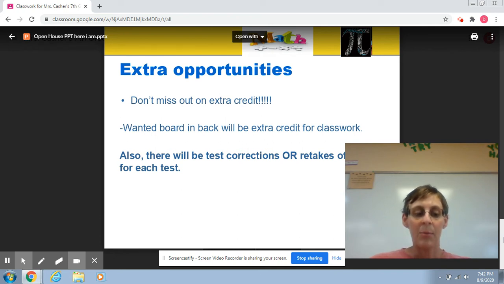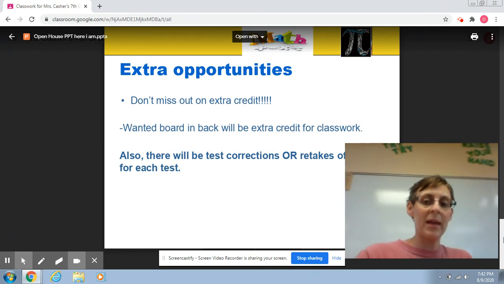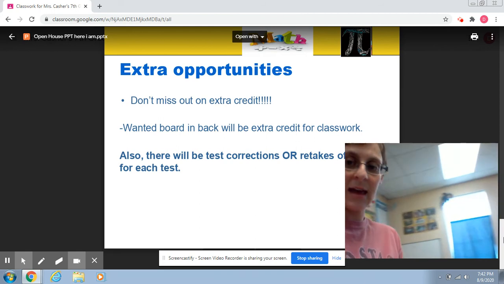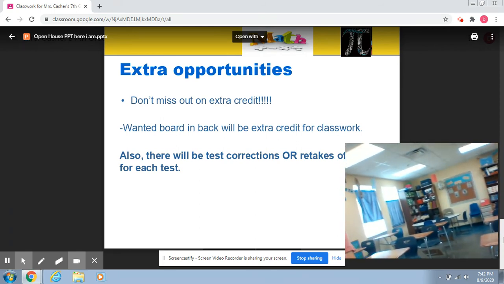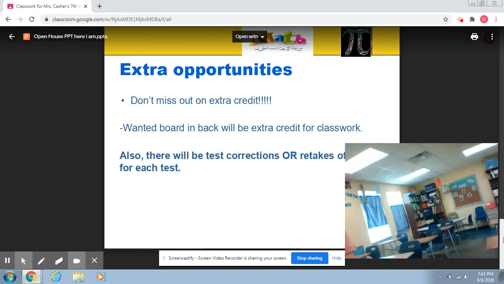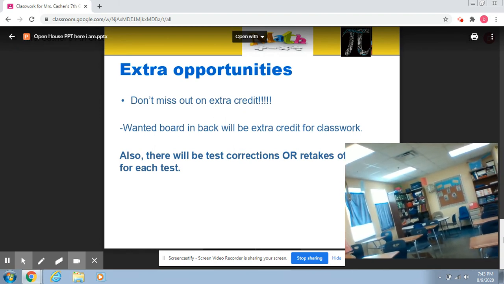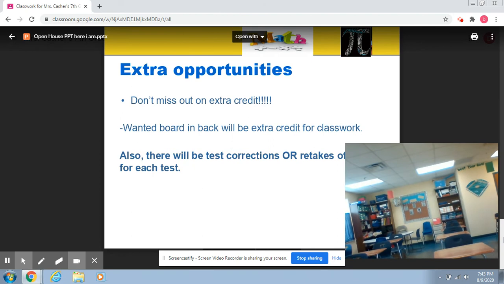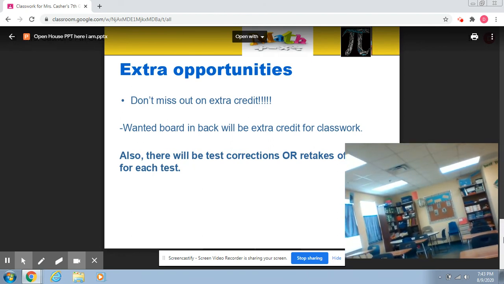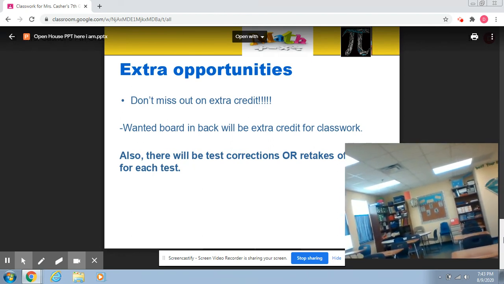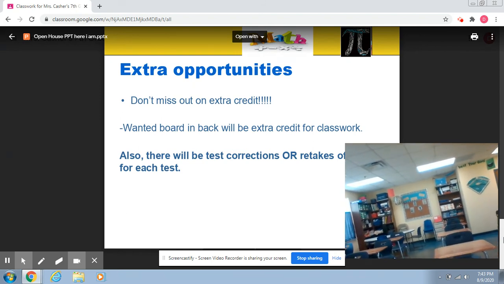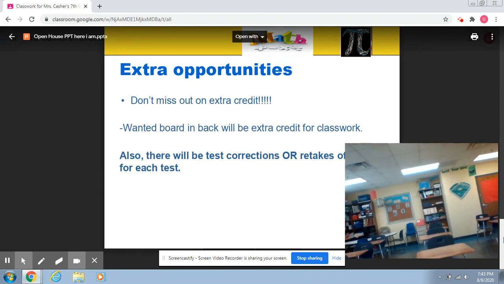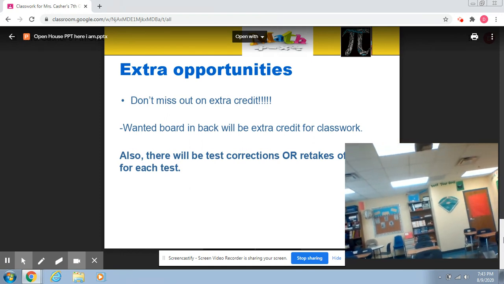For those of you that are coming in, let me see if I can get it for parents that might not be able to come in or see on the virtual. We're taking every precaution that we can to help ensure your child's safety. So we have made class sizes smaller. There's no classes over 20. We have separated the desks as much as possible as well.